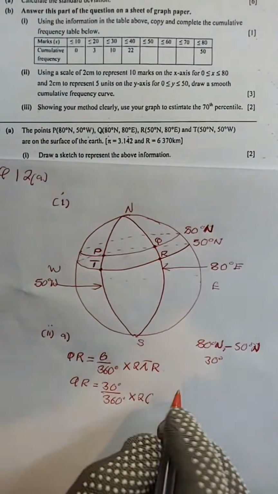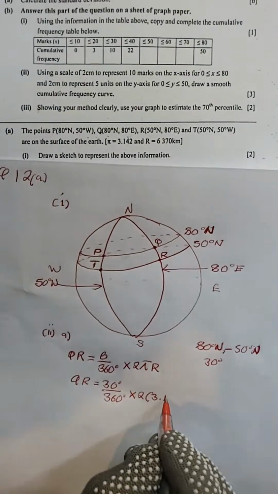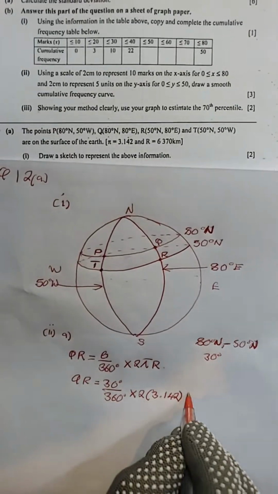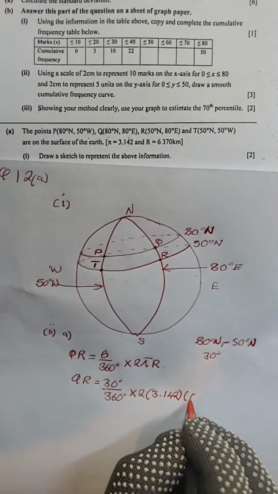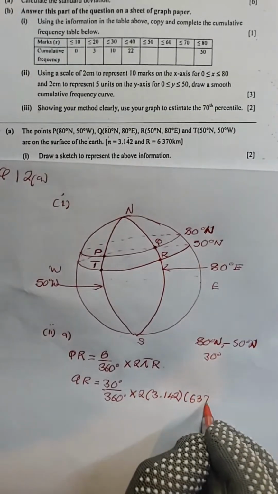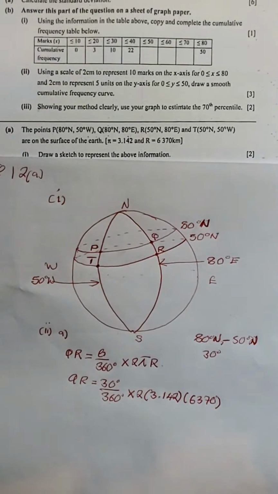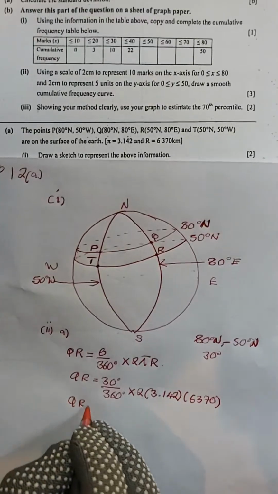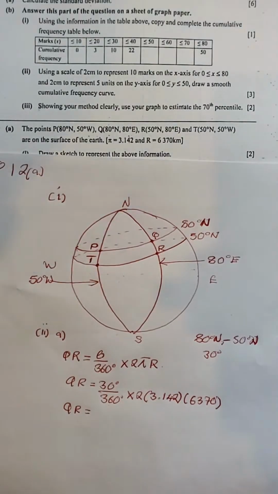So where there is this pi, we're going to substitute with 3.142, times the radius of the earth, which is in kilometers, so we're going to use 6370. Then we multiply. So QR is equals to, now use a calculator and multiply.